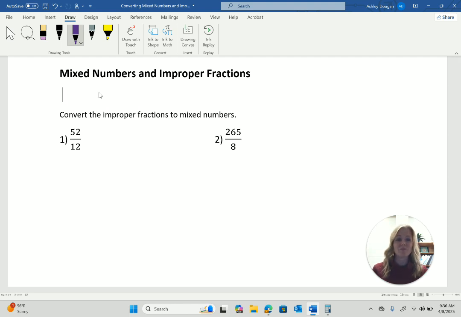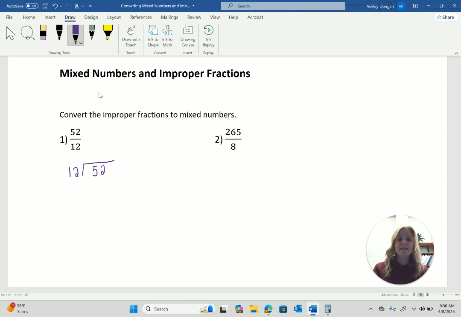A lot of times when we're working through this in class, it may take a little bit, and that's okay, because now that we have calculators in most of our classes, we don't do a lot of division by hand. But this is our long division. The top number goes underneath, and the bottom number goes on the outside.